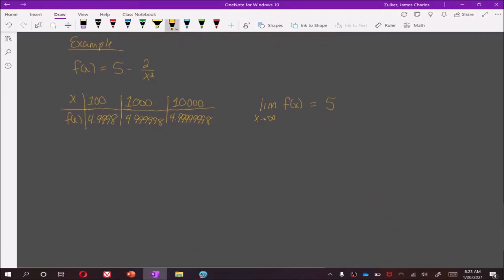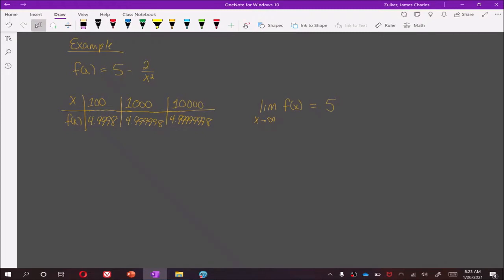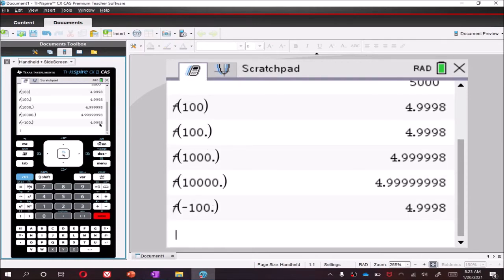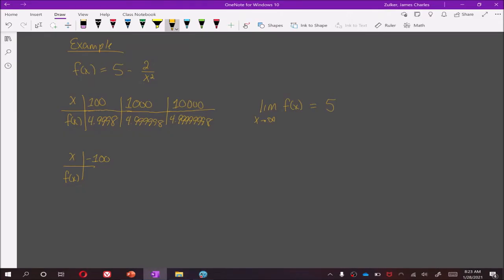We want to do the same thing, except now we want the negatives. So what we're now doing is creating a chart for x approaching negative infinity. I will use the exact same values except they're negatives. So negative 100, let's recall that and just put a negative out in front. Same value.